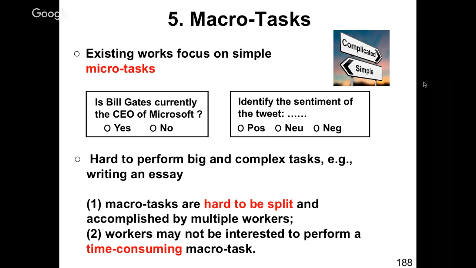For example, you want someone to write a paper for you, to crowdsource the task of writing SIGMOD papers. Or as a teacher, we face the task of grading so many scripts, and we want to ask whether someone can grade a script for us. Both of these kinds of macro tasks could be difficult, and how to manage them is also an open problem.